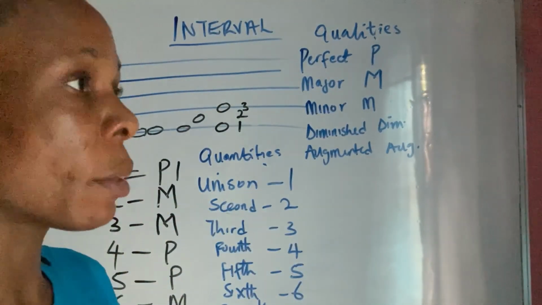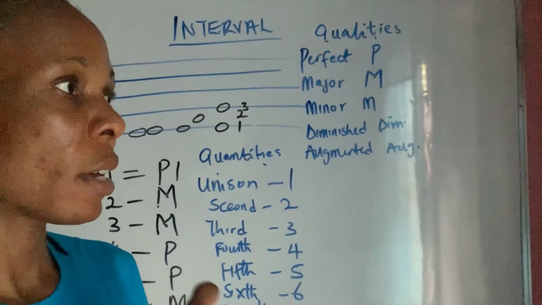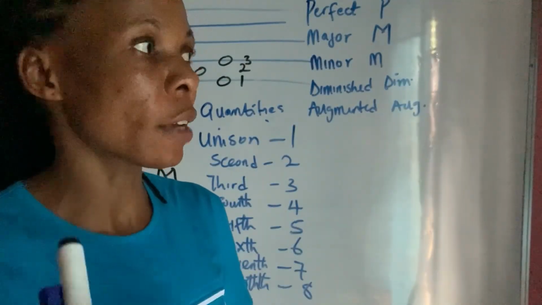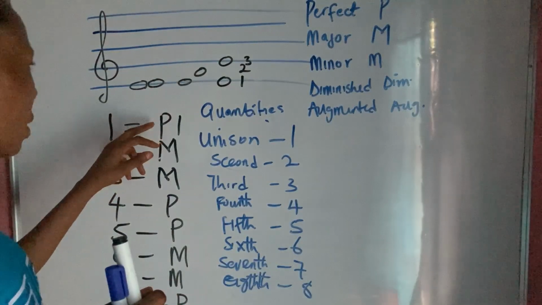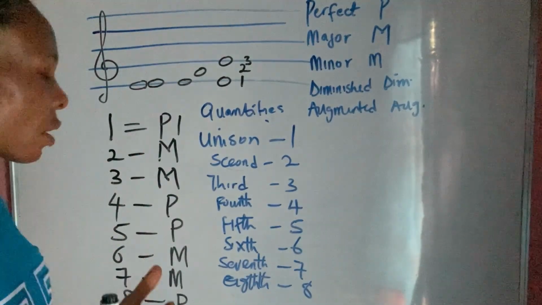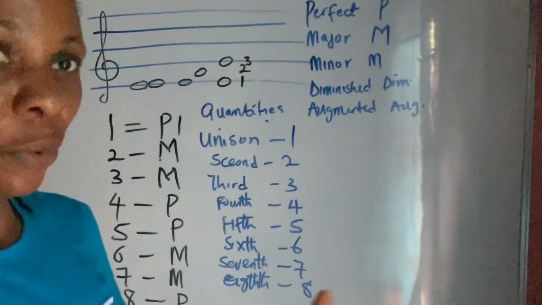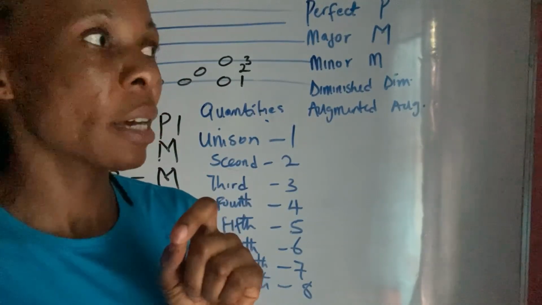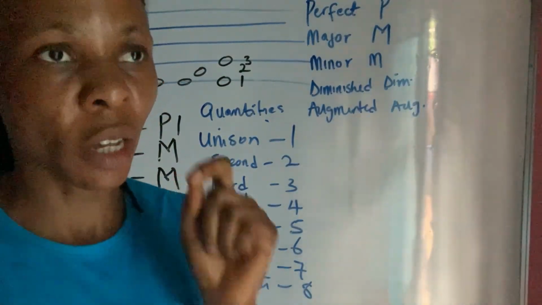In our next class, we are going to consider the number of semitones that form each of these, because all these things are determined by the number of semitones involved.